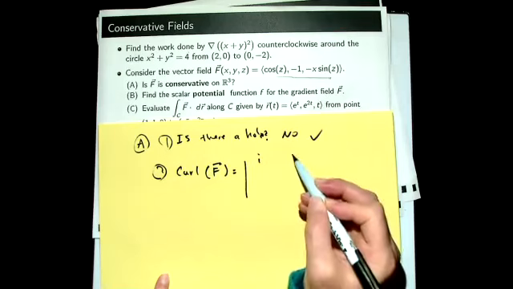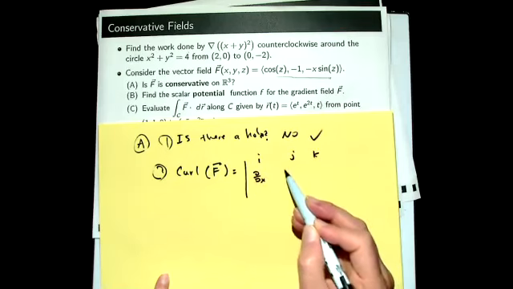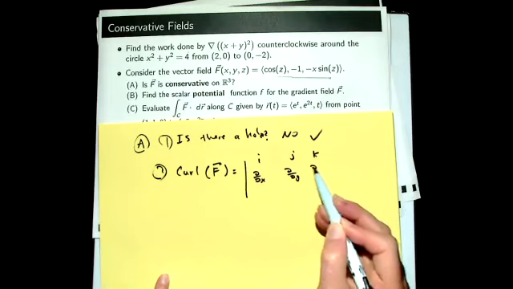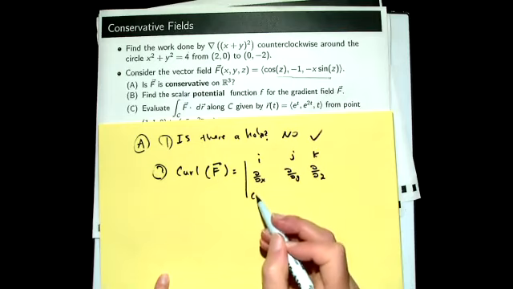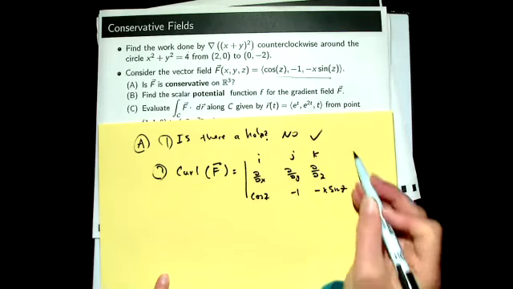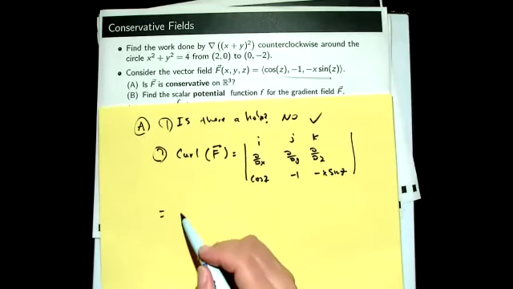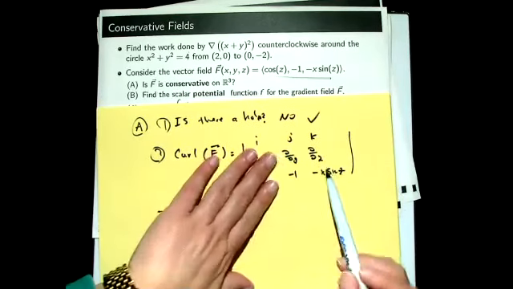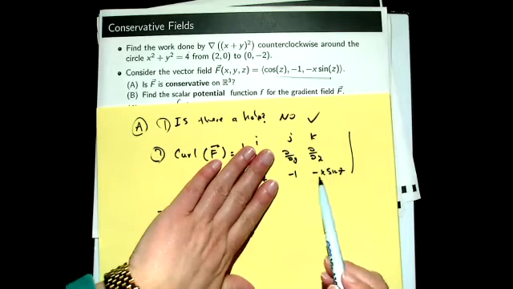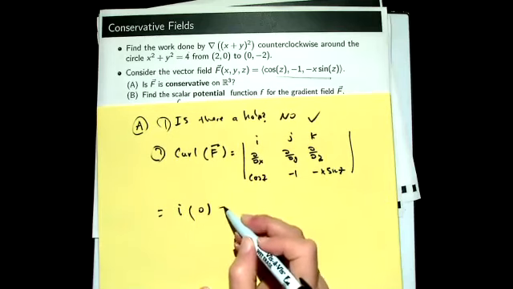So I go i, j, k, partial x, partial y, partial with respect to z, cosine z, -1, negative x sine z. And then I compute. So it would be i, and I have partial with respect to y of that thing, which is 0, partial with respect to z of the constant, which is 0, so 0.